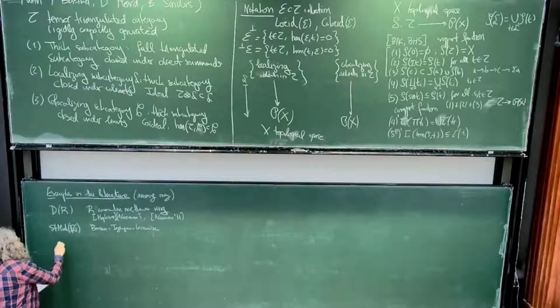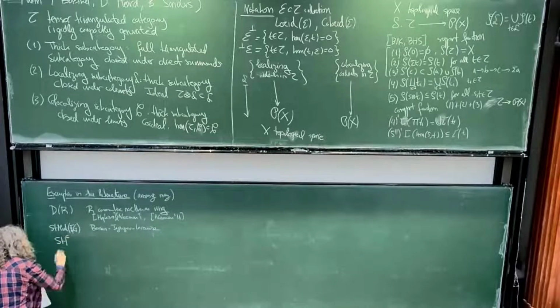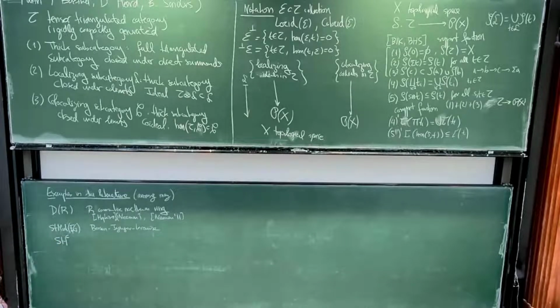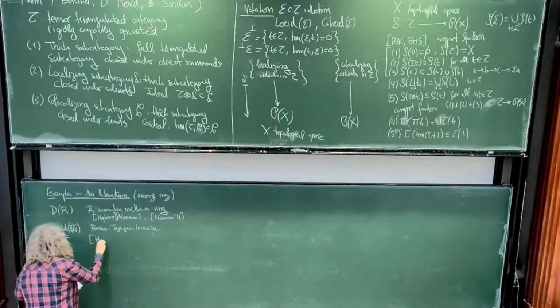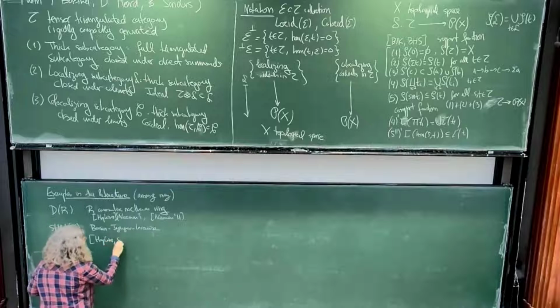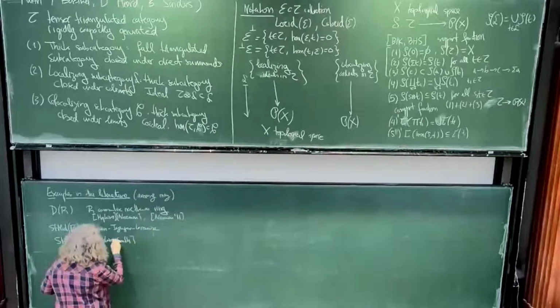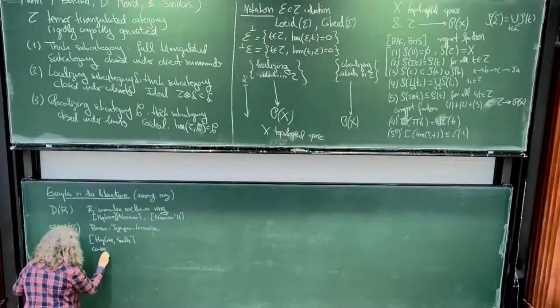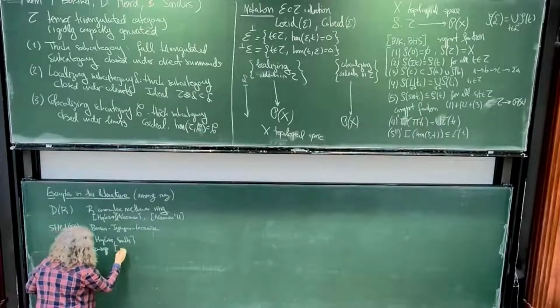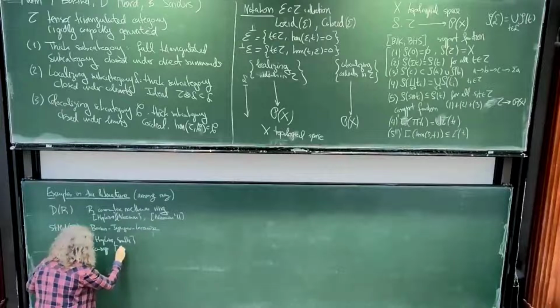Or if you look at the stable category of finite complexes or finite spectra, in that case, I have the work of Hopkins and Smith, and for the cosupport, Strickland.